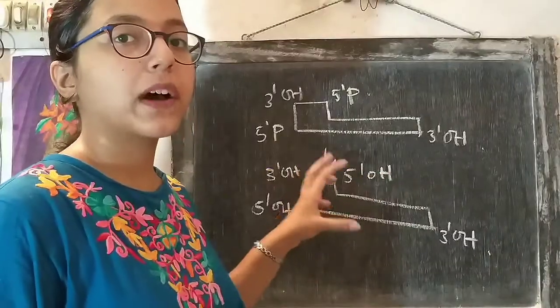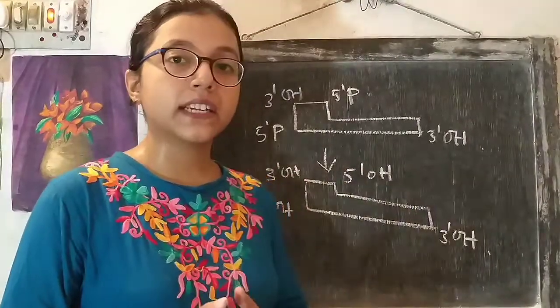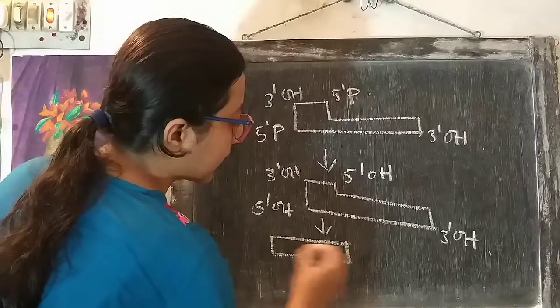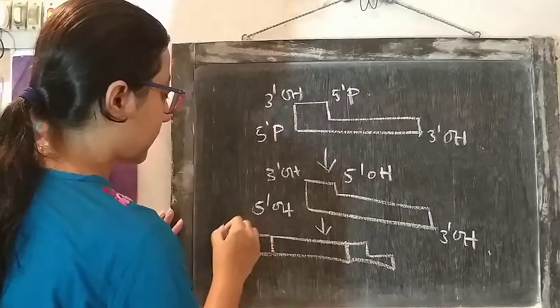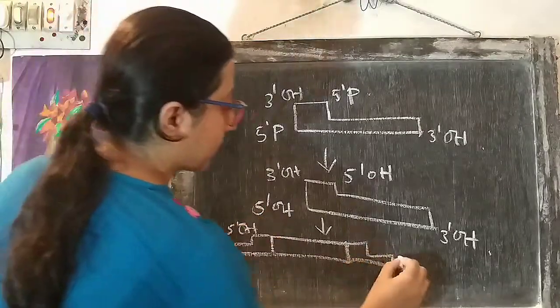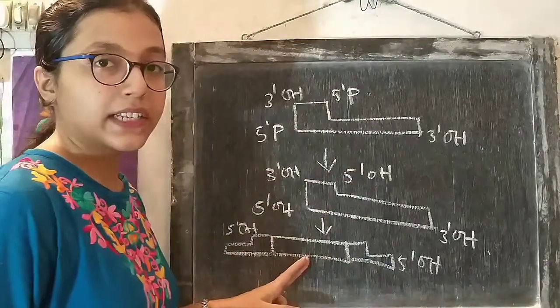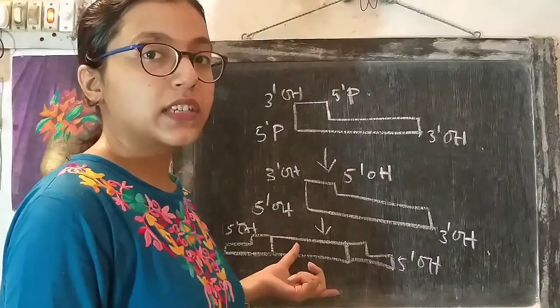Adapters in this form are present in the reaction mixture, and then they are ligated with the blunt-ended DNA. This adapter will be ligated with the blunt-ended DNA, and in this way the blunt-ended DNA can be converted into sticky-ended form.